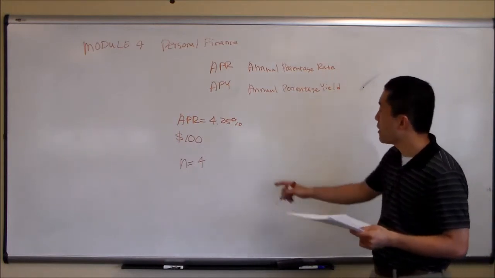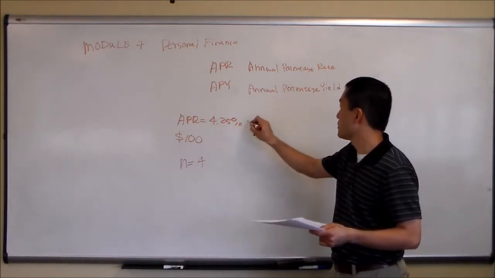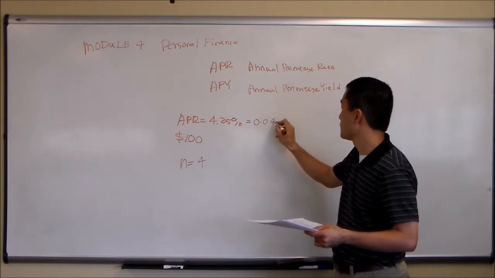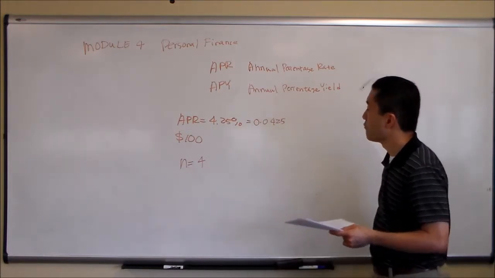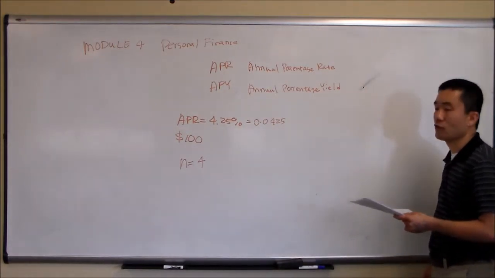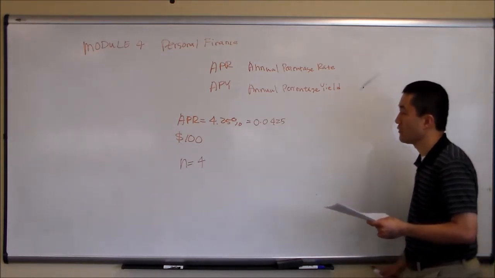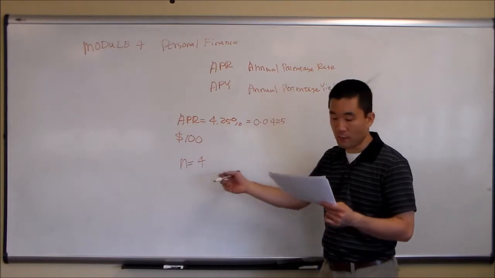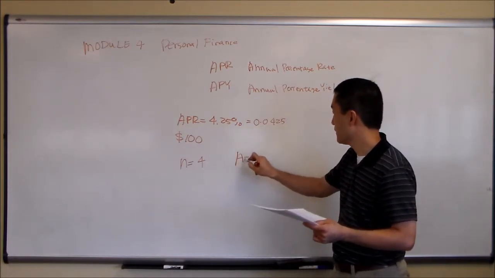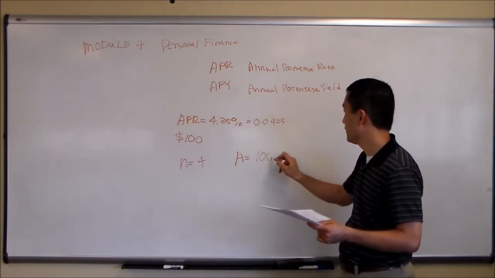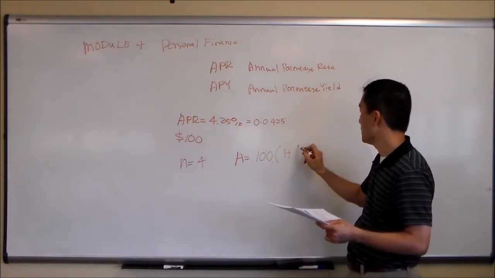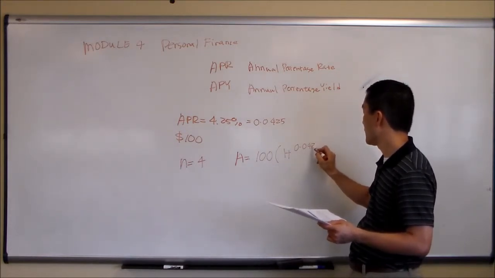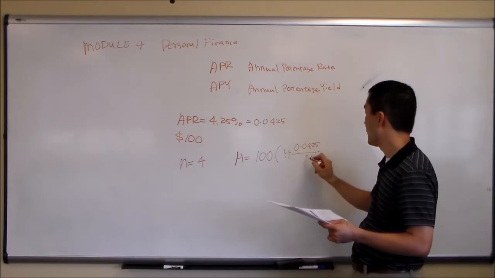So the APR is 4.25%, which is 0.0425. We'll use that to figure out the actual end amount of $100, compounded 4 times a year. So if you look at the formula, it's going to be 100, 1 plus 0.0425 divided by 4.